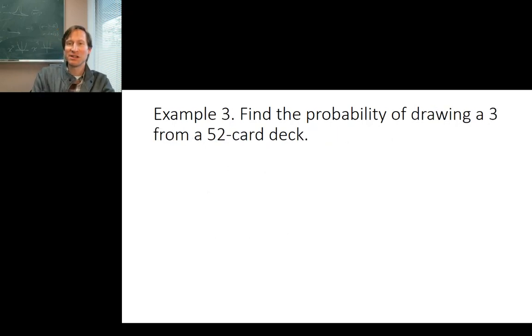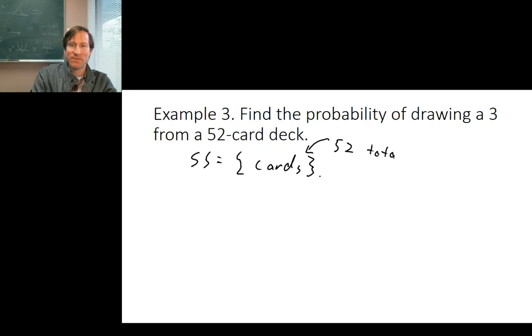So let's find the probability of drawing a 3 from a 52-card deck. In this situation, the sample space is all of the cards in the deck. I'm not going to list them all because I have other things to do today, but there are 52 cards in the deck, so 52 of them. All right, let's write the event. In this case, the event is just all of the 3s that we could draw in the deck.